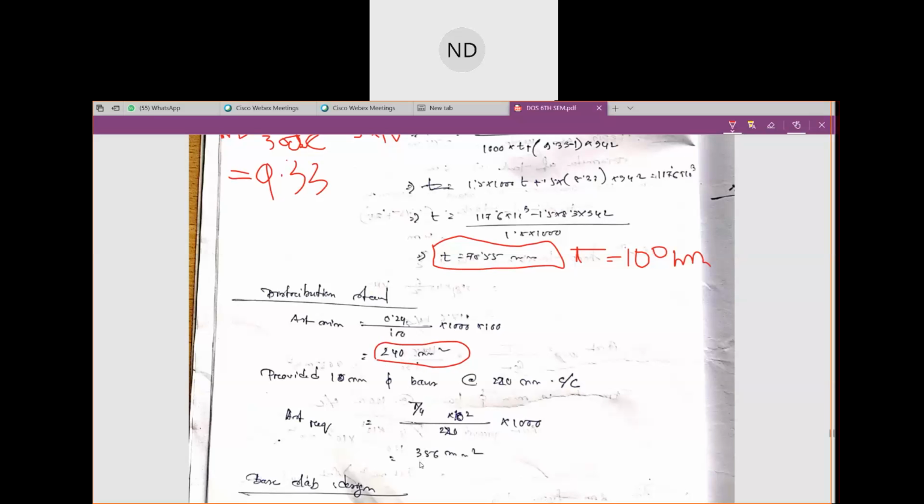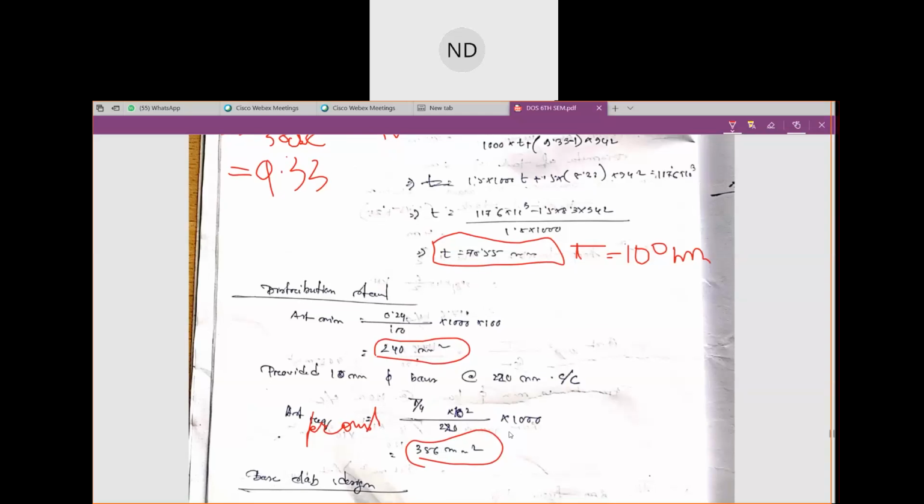But after providing this much, 10 mm, this is the provided one. The minimum area of steel required is this much, but we have provided this much, 356. So obviously this is okay for us, the design is okay, we can draw this.